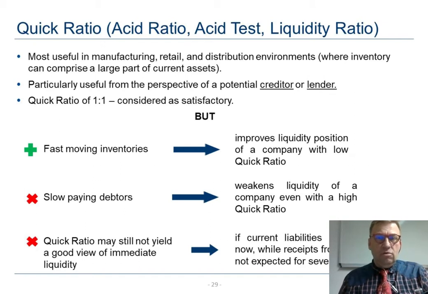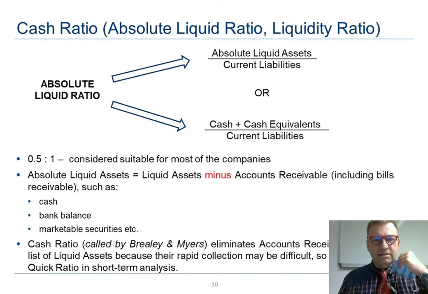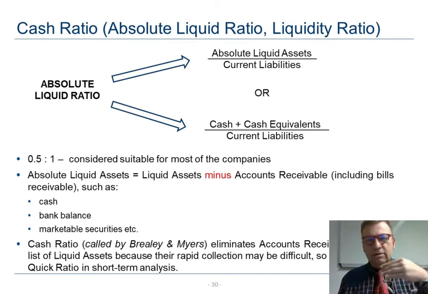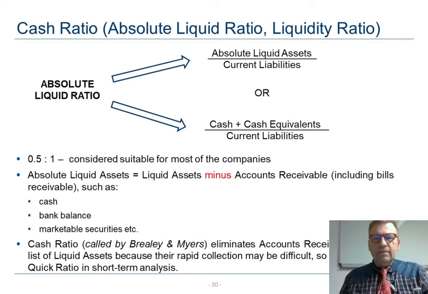And if so, perhaps by taking them out of this numerator, we will have a different angle on the ratio. So in fact, in cash ratio, they are taken out. So what's left? Cash and cash equivalents.